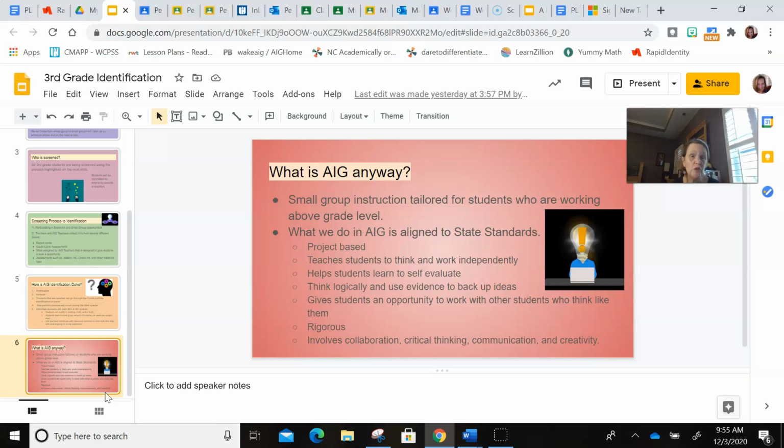It helps students learn to self-evaluate and think logically and use evidence to back up ideas. It also gives students an opportunity to work with other students who think, act, and even sometimes look like them. It's rigorous. It involves collaboration, critical thinking, communication, and creativity.